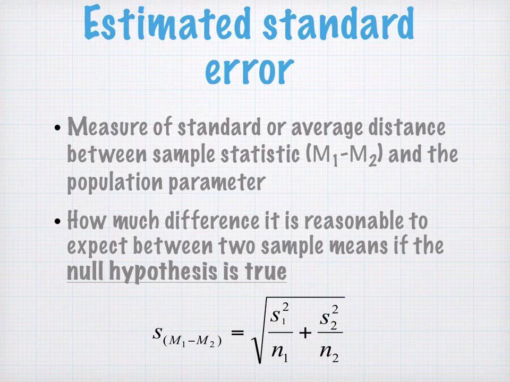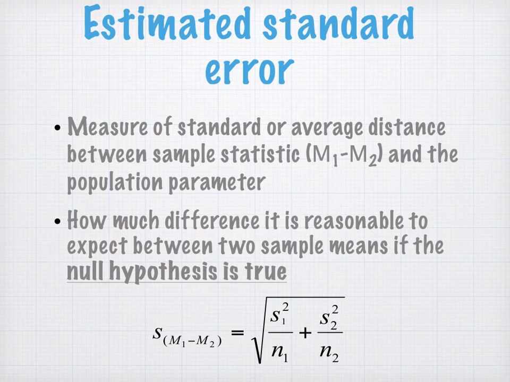So we're basically looking at the variance of each of these, adding them together and taking the square root of that. Now this one only really works if our sample sizes are equal, which they're not always. Ideally, we should have equal sample sizes, but as you can probably guess by now, research doesn't always end up having ideal circumstances.